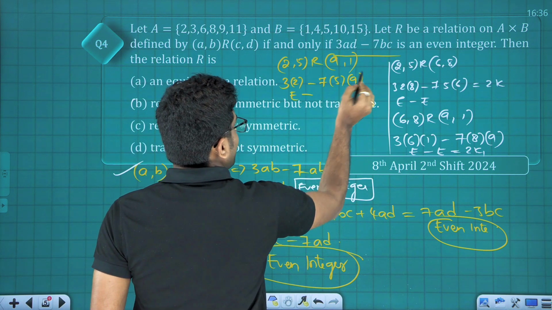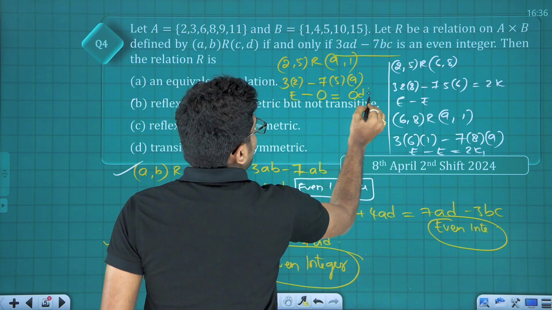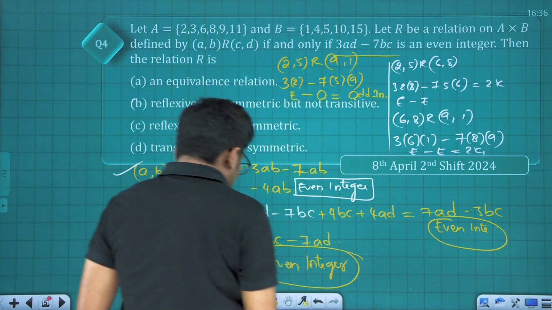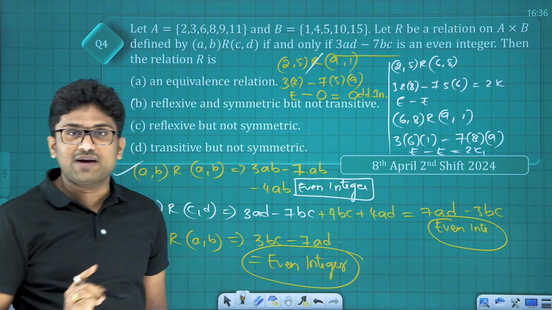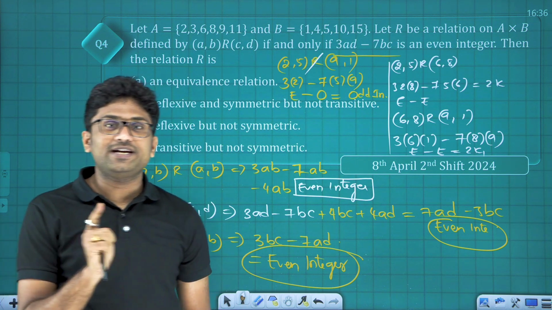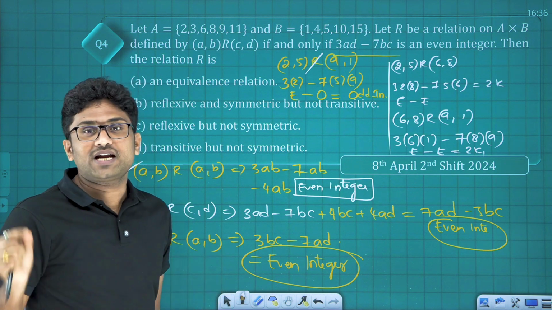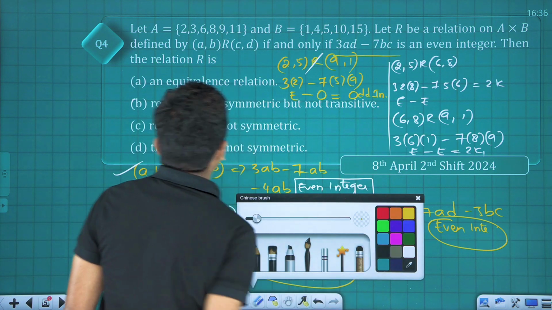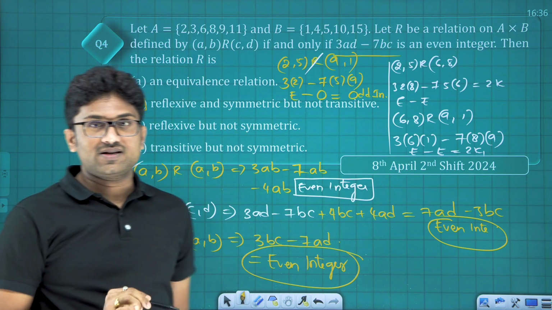Minus 7 times 5 times 9 is 315, which is odd. Even minus odd is an odd integer. So that means (2, 5) is not related to (9, 1). Hence it is not transitive. Therefore, the relation is reflexive and symmetric but not transitive. Option B is the correct answer.